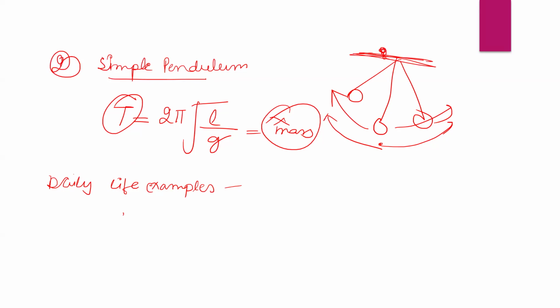So the first example is swings in the park. Next we can take the example of car suspension. So what happens in car suspension? The shock absorbers in a car act like damped oscillators, where the springs and dampers control vibration to ensure a smooth ride.